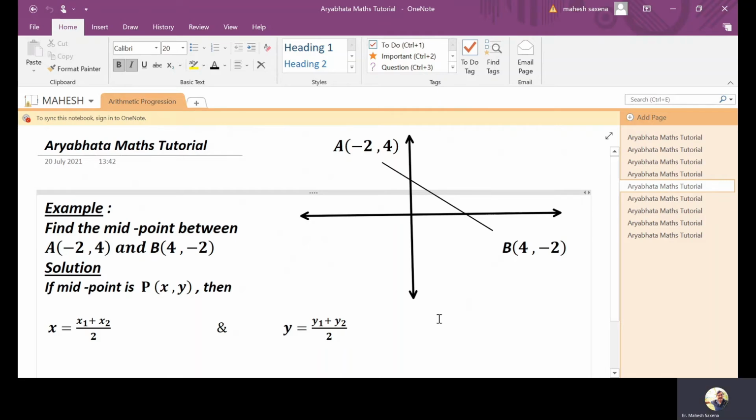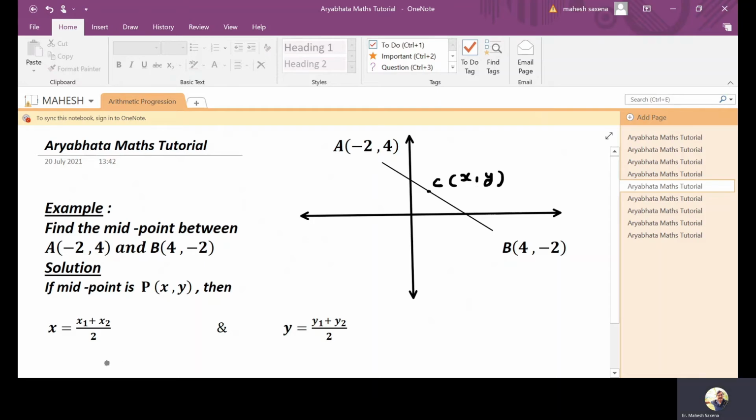Now we take an example. Suppose point A has coordinates -2, 4, and point B is 4, -2, and C is its midpoint whose coordinates are x, y.